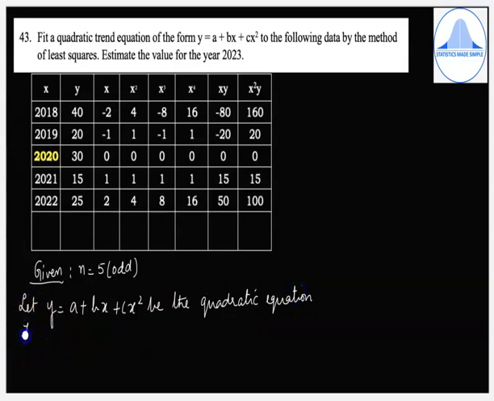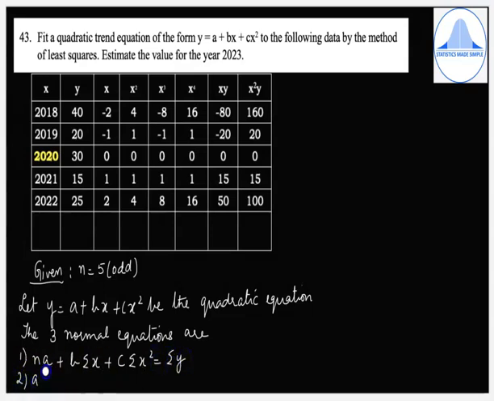The next line, the three normal equations are, first one, NA plus B summation x plus C summation x square is equal to summation y.